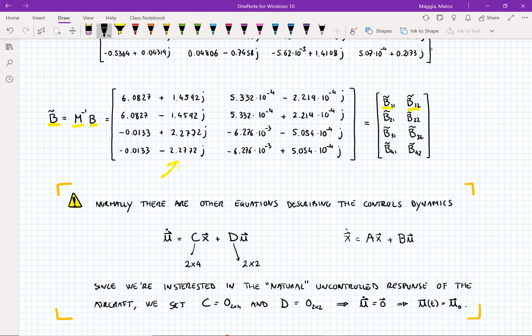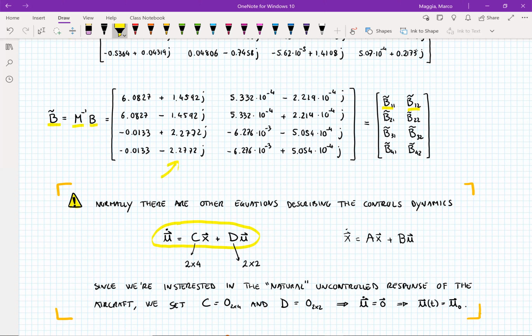But how does the control vector vary? Well, the control vector varies according to its own law, if you wish.